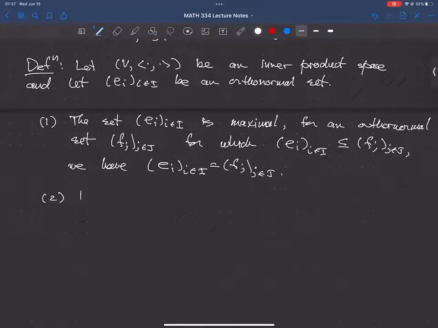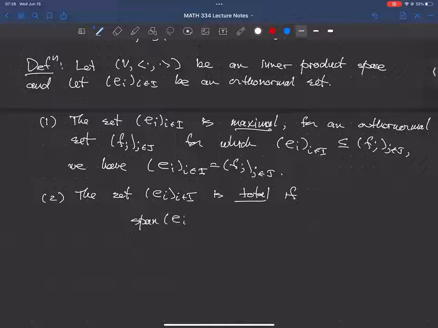Okay, so a maximal set is total if I take the span of these guys, and then I take the closure of that, that's equal to V. Okay.